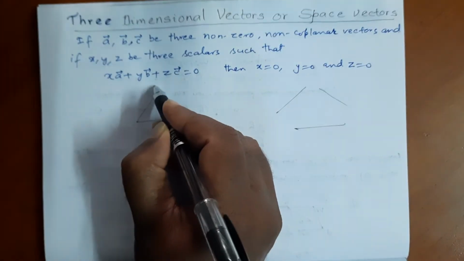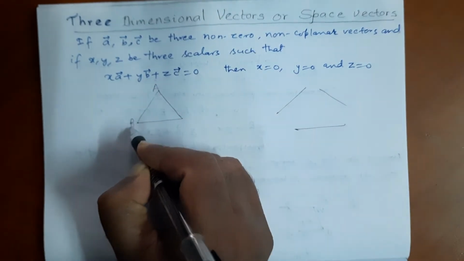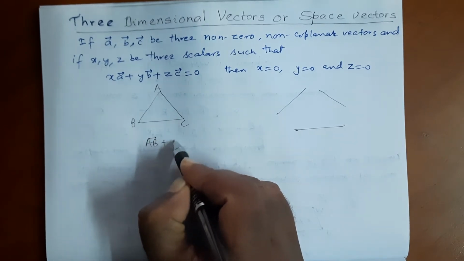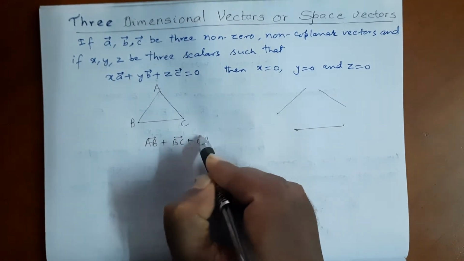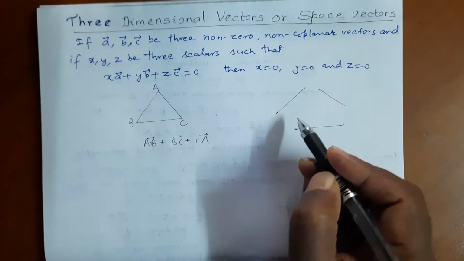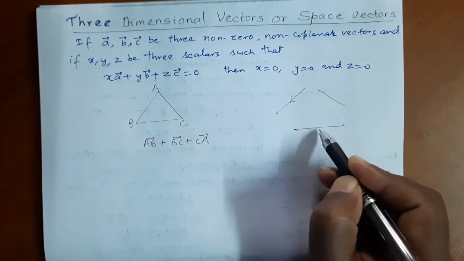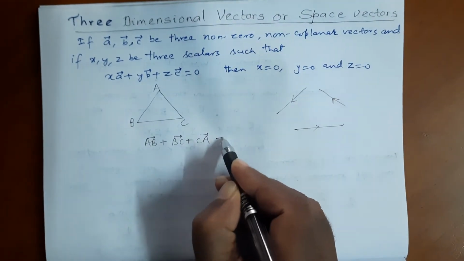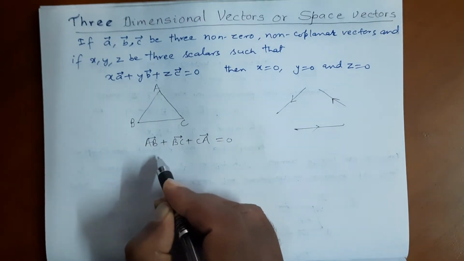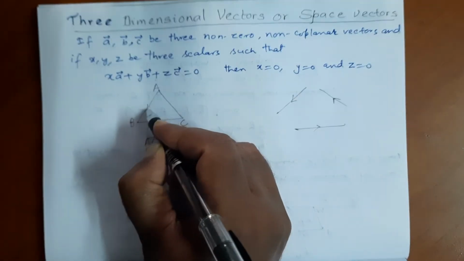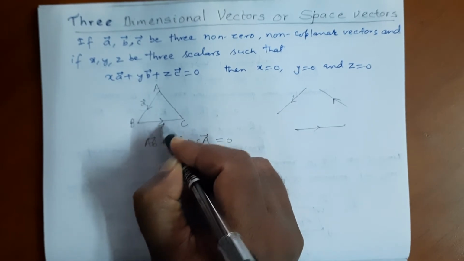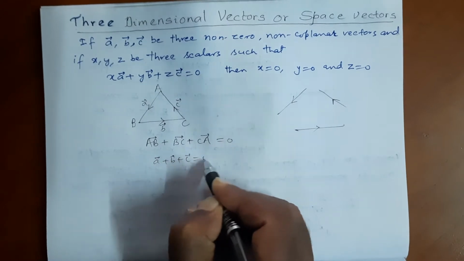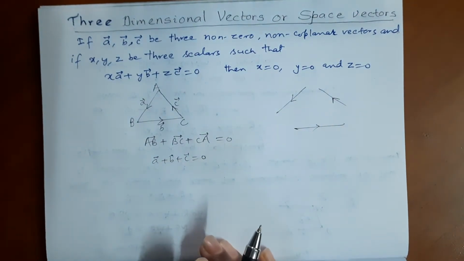You can name this triangle A, B, C, and here AB plus BC plus CA, the sum of these three vectors becomes 0. Or you can call this vector A, this vector B, this vector C, then vector A plus vector B plus vector C equals 0.